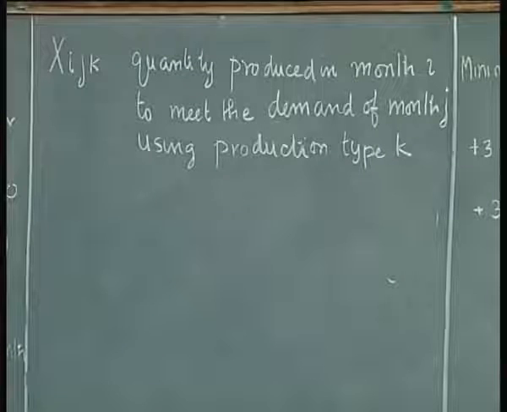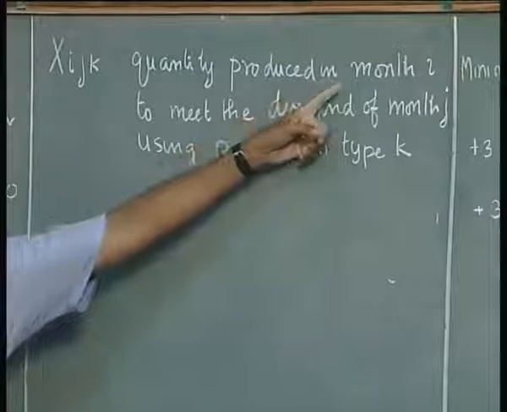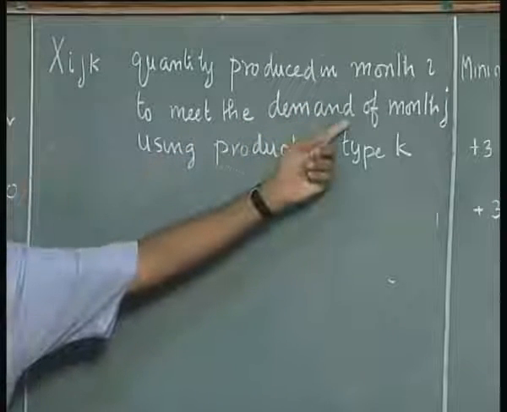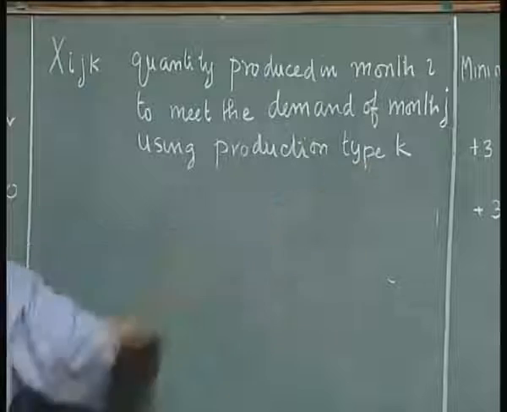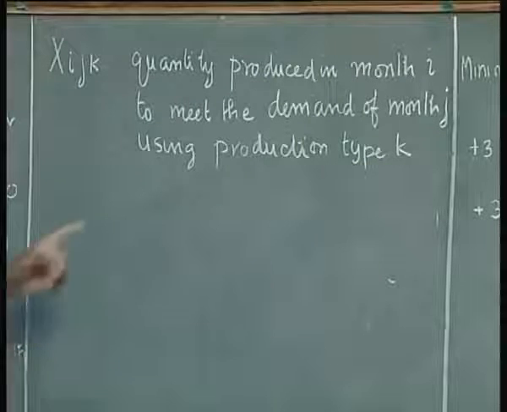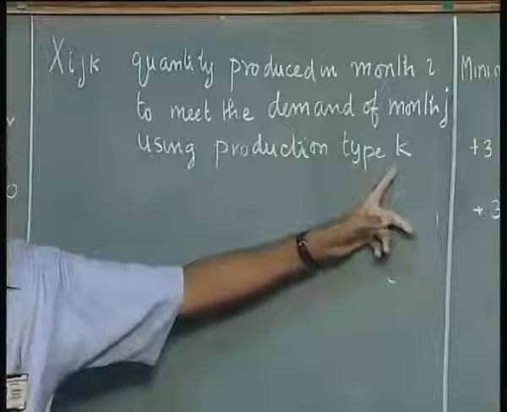Now, we look at 4 months. So, month i can take i equal to 1 to 4, j can also take j equal to 1 to 4, and k has 2 types of production, regular time and overtime. So, k takes values 1 or 2.